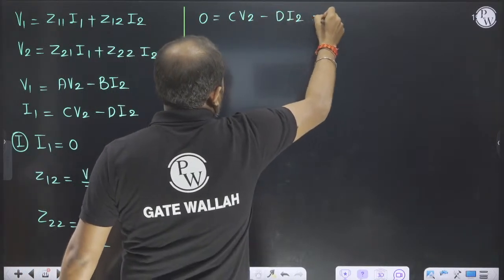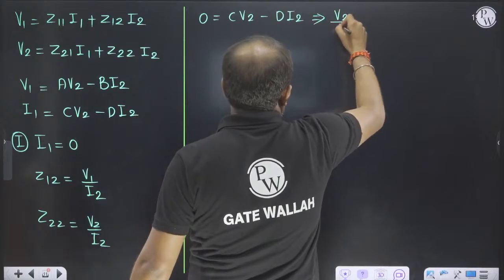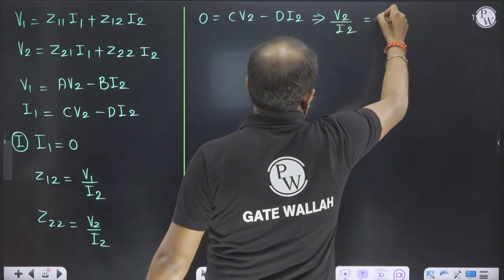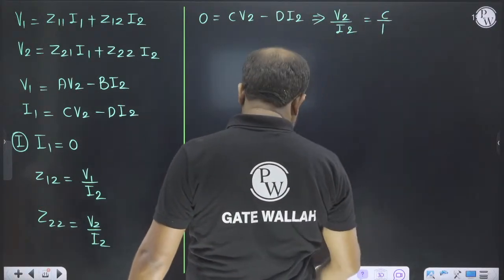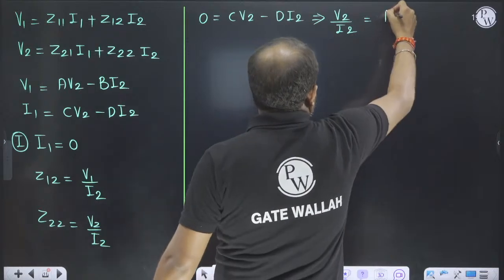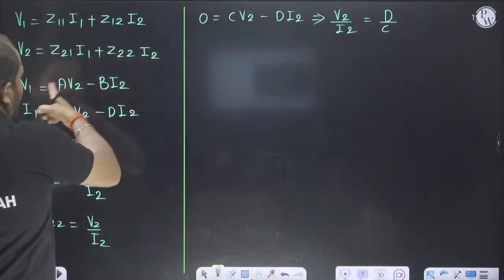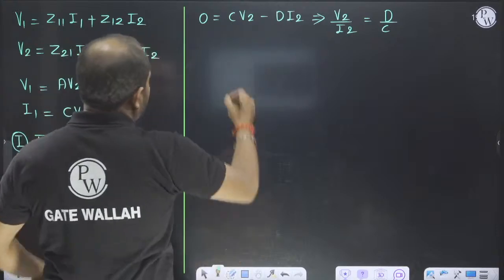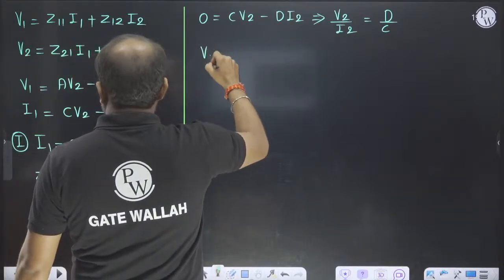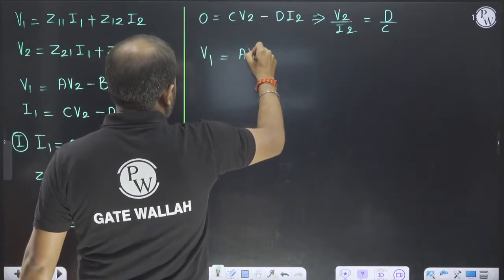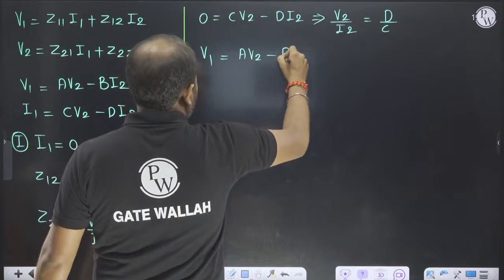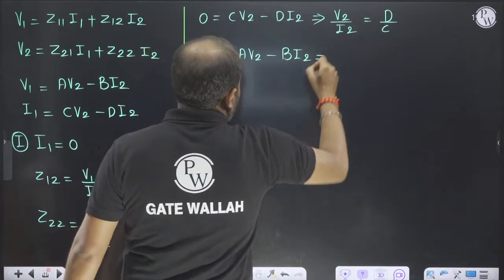So V2 by I2 will be equal to D by C. And I1 is equal to 0, so V1 is equal to AV2 minus BI2.